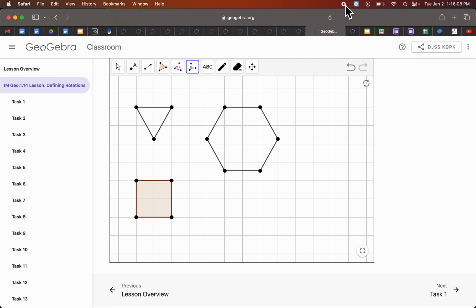I'll give you a hint, though, before I go. Think about this angle right here and this angle right here and this angle right here.